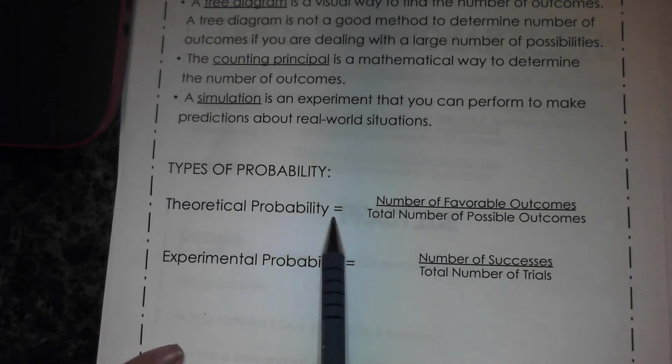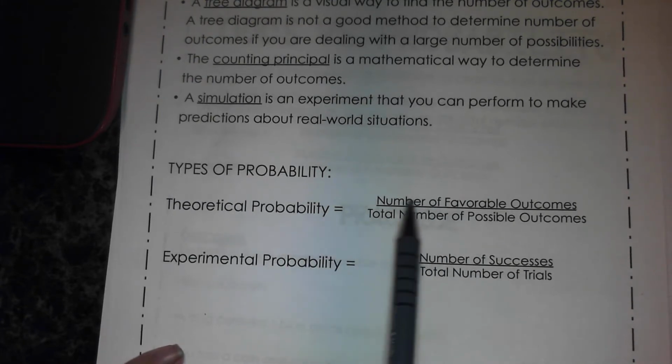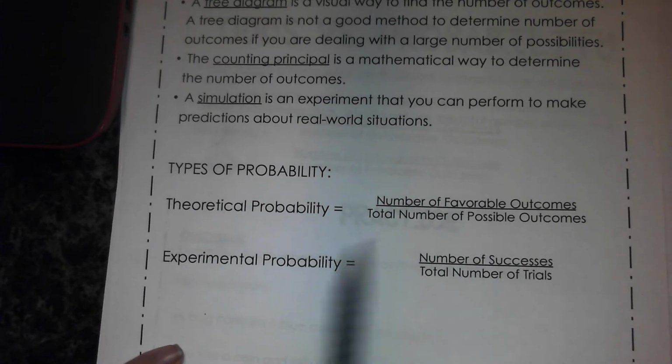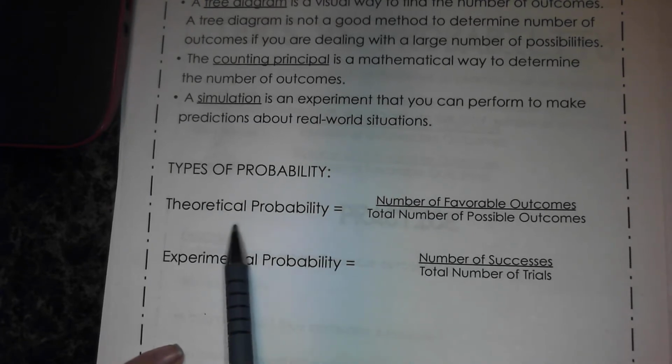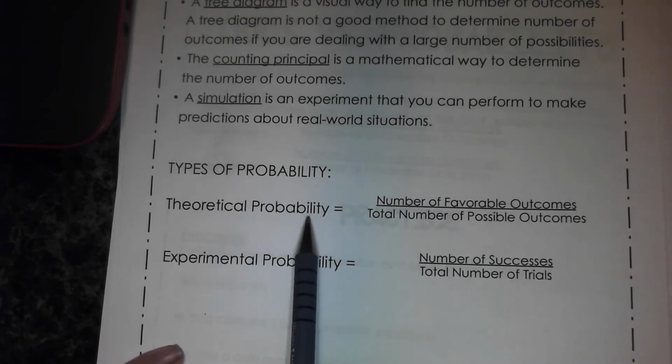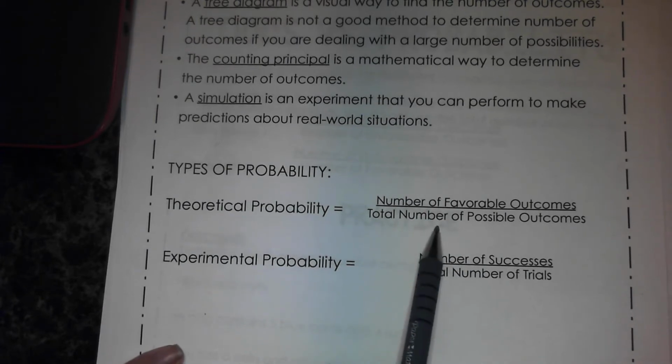So that would be the theoretical probability, 1 over 6, versus experimental probability, which is the number of successes over the number of trials.